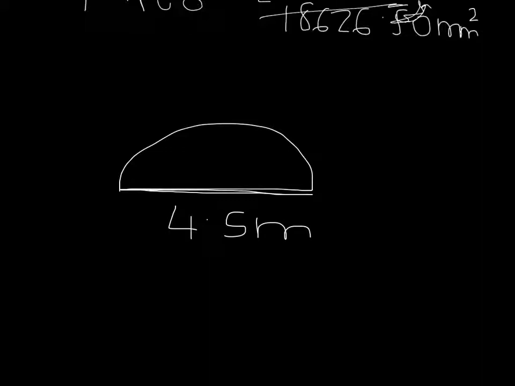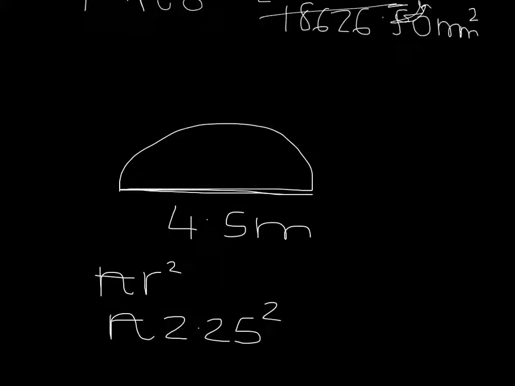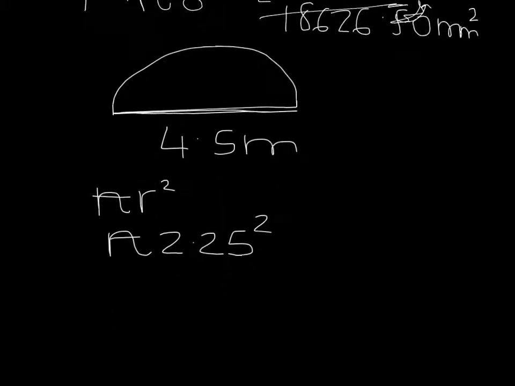So, first of all, the radius of that is 2.25. If we divide 4.5 by 2, we get 2.25. So we go pi r squared, which is pi 2.25 squared. All right, that's what you actually put in your calculator.